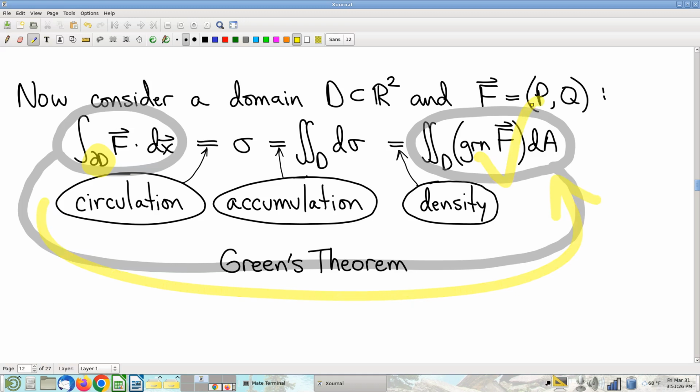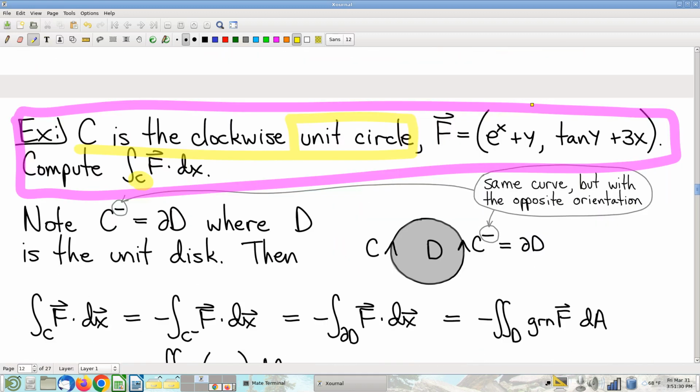Seems like we're in business. Notice though it's on the recipient of the question, the askee, not the asker, to recognize, oh hey, check it out, that's a boundary. This is not just a random curve off the street. This is specifically a boundary curve, and so Green's theorem is on the table. The askee has to make that realization.